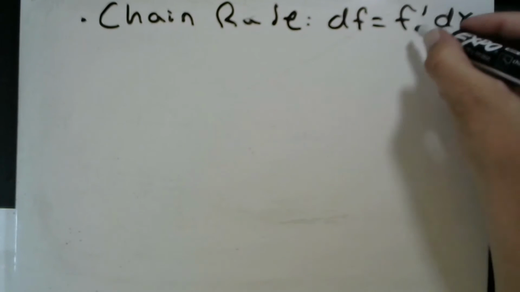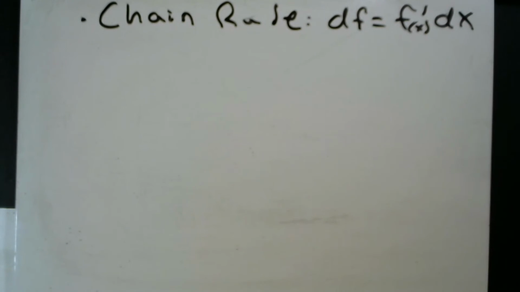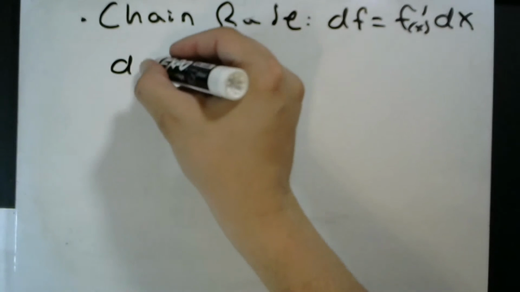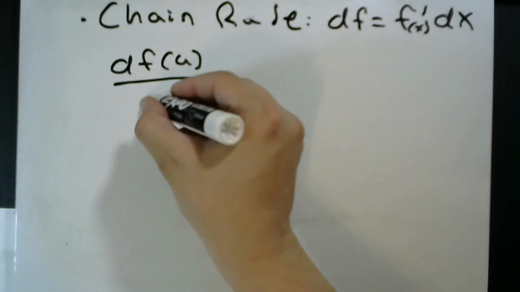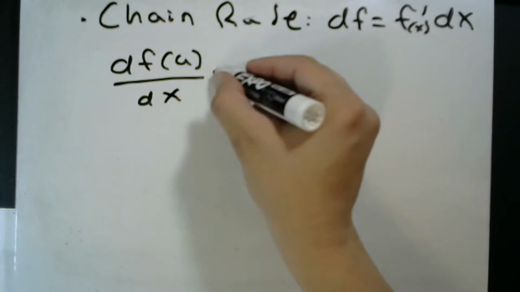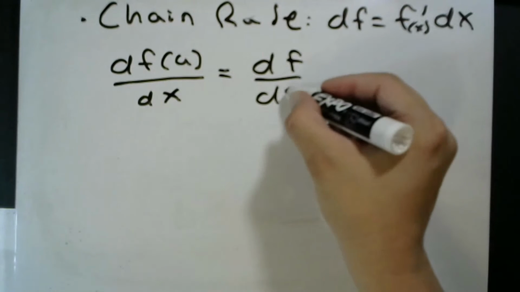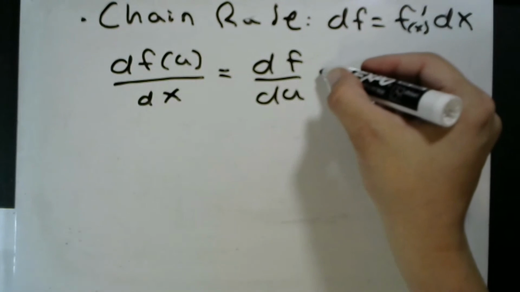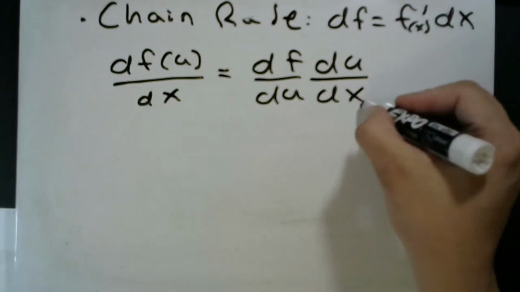I'll throw that in there. So for the chain rule, we have df of some function u dx is df du times du dx.